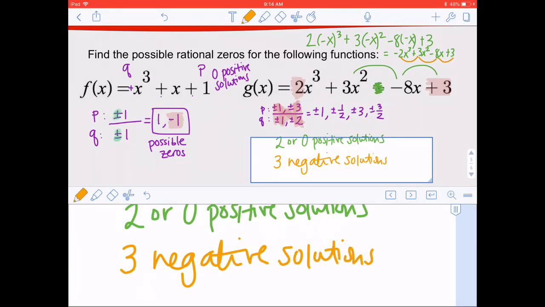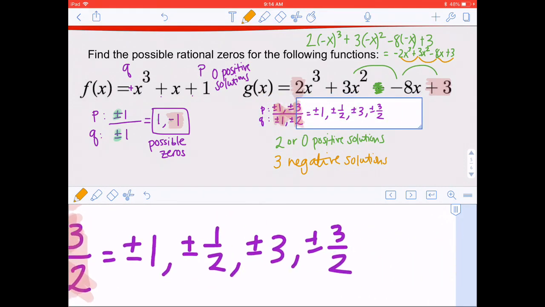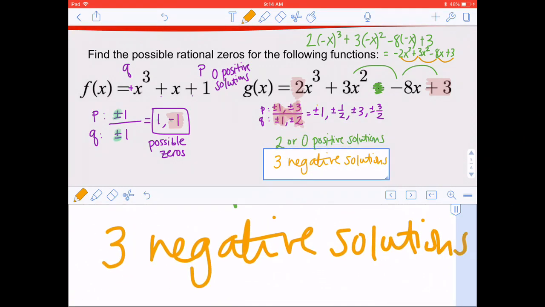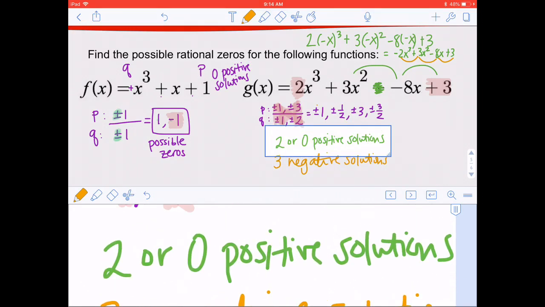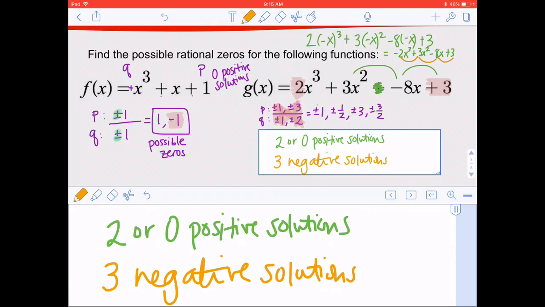So see how that narrows it down just a bit, because we saw here that we had a total of 4 positive solutions and 4 negative solutions. So it means that one of these negative solutions is not going to be a factor, and 2 or all of these positive solutions may or may not be zeros.